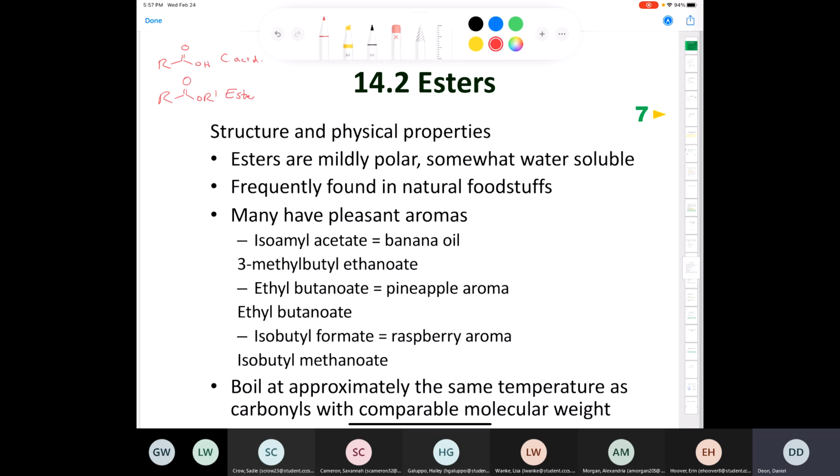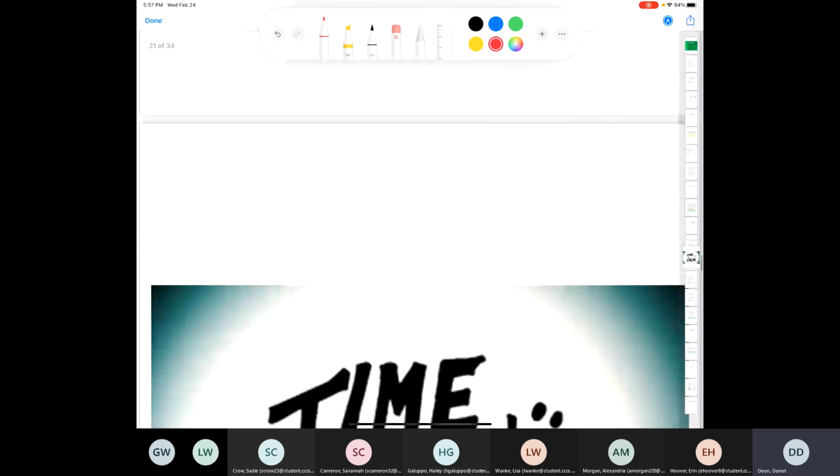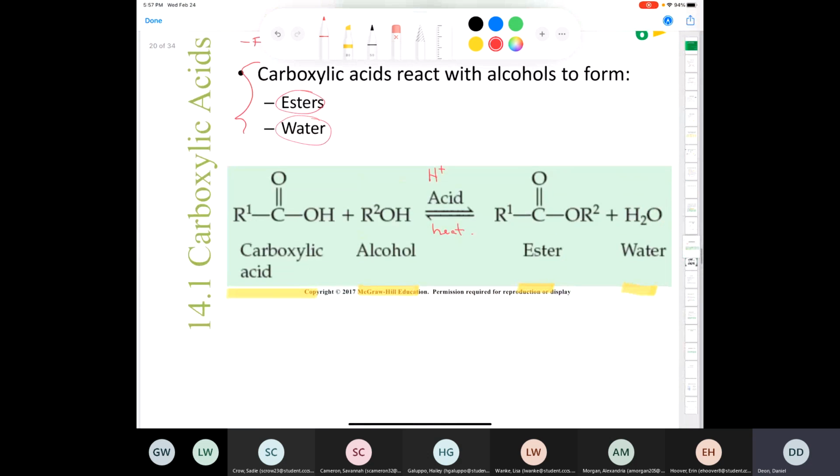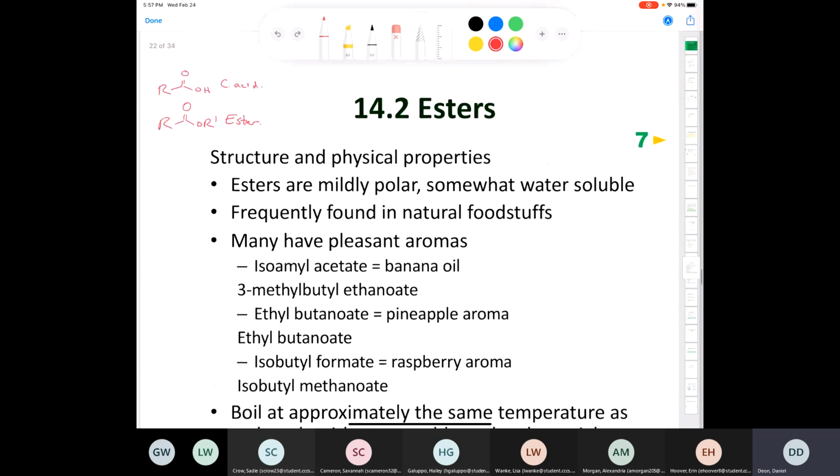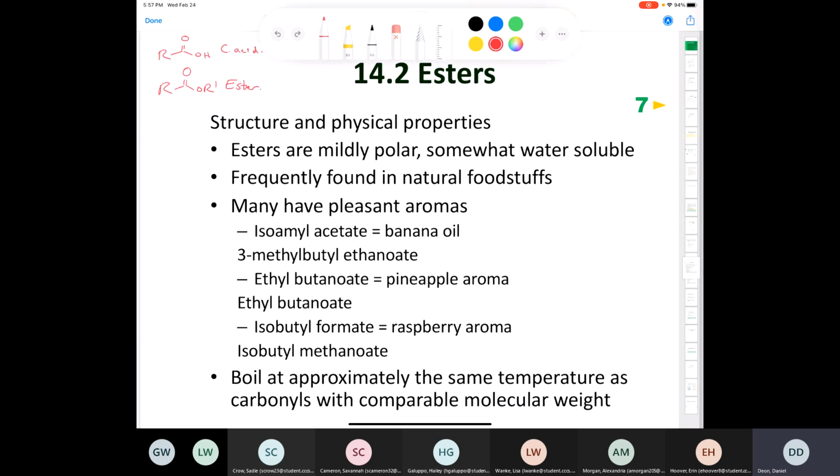This is an ester. So they are derivatives of carboxylic acids. And as you saw back here, you can make them from a carboxylic acid. So what about them? It says here they're mildly polar, somewhat water soluble. I'd say that depends on the ester. The smaller the ester, probably the more water soluble it'll be.